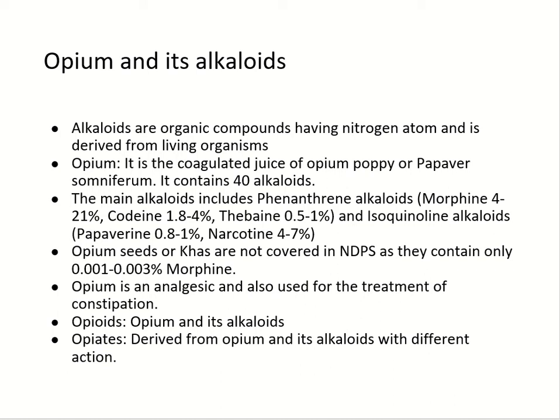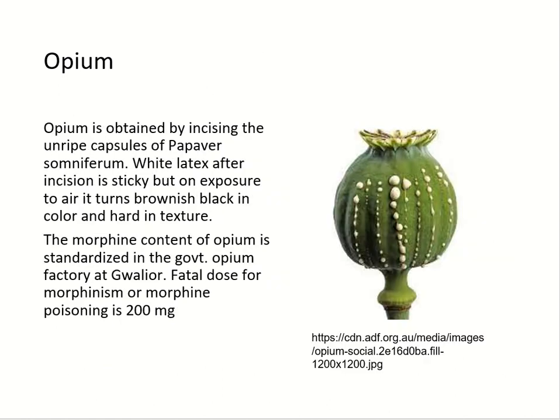There are two similar terms, opioids and opiates. Opioids are opium and its alkaloids, whereas opiates are the derived products of opium and its alkaloids. Now, how is opium obtained? The unripe capsules of Papaver somniferum are incised, that is cut, and white latex is collected.